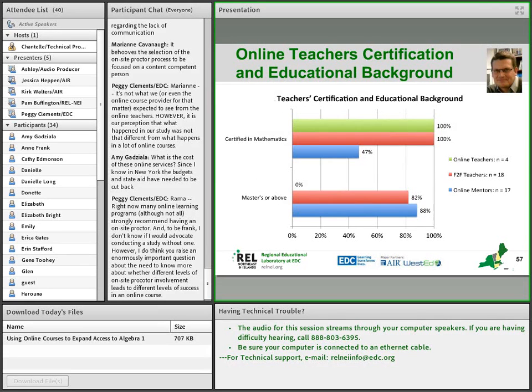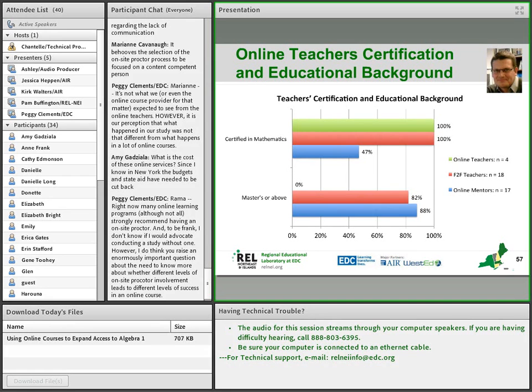In terms of the online teachers' background, if you look at the chart right there, all of the online teachers and the face-to-face teachers were certified secondary math teachers, whereas the online mentors, those that were proctoring the course, did not have to be math teachers, and you can see about half of those were.